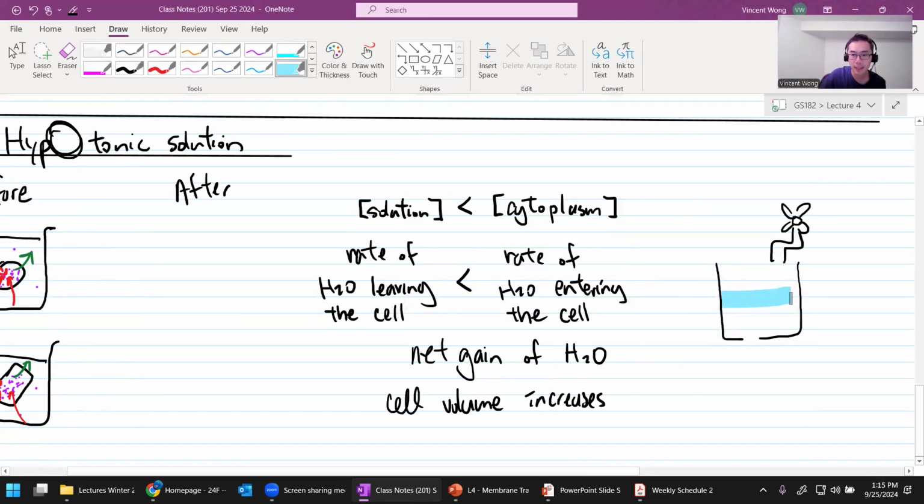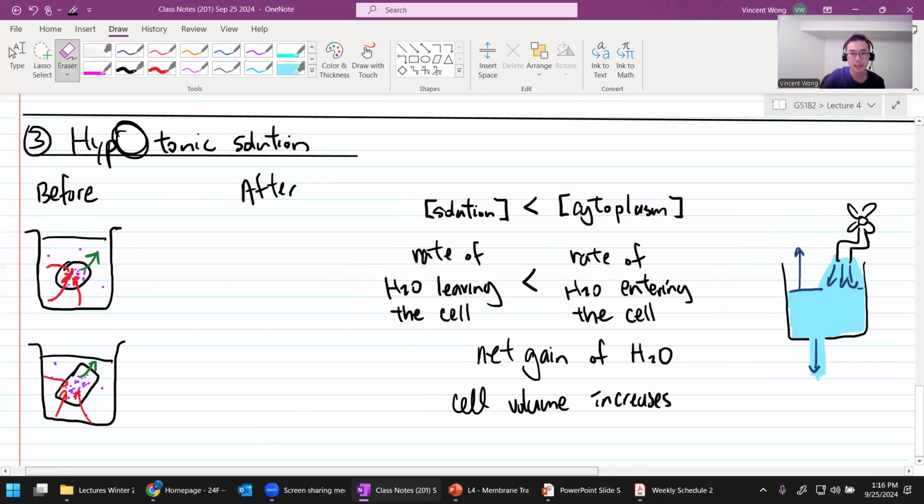Gonna have our bucket again. It's leaking normally at the bottom, but this time we're gonna turn on the tap all the way to maximum. Lots of water coming in, some water leaving. So the water level will rise. Eventually it will overflow. Okay? That's not difficult to visualize.